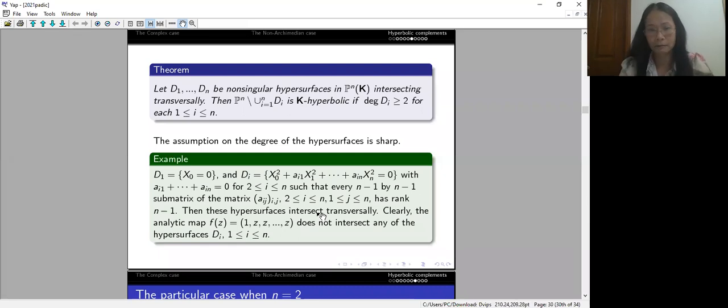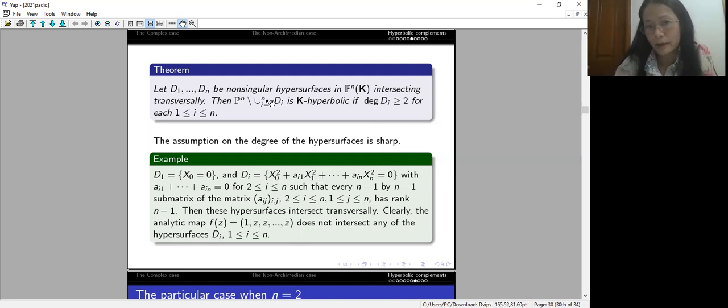We take f to be (1, z), and of course this is not constant, and it maps into Pn omitting those hypersurfaces. So to reduce from n plus 1 to n, we need to add the condition on the degree, from any degree to degree bigger than or equal to 2.